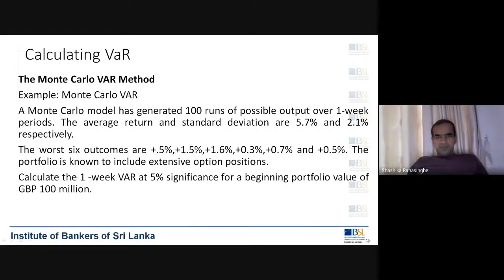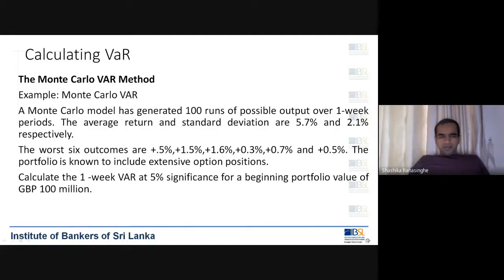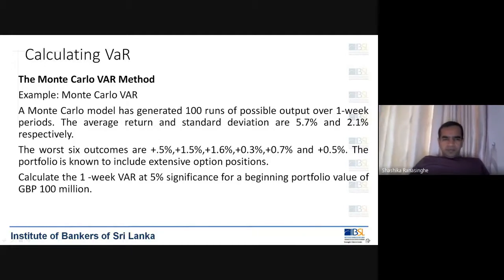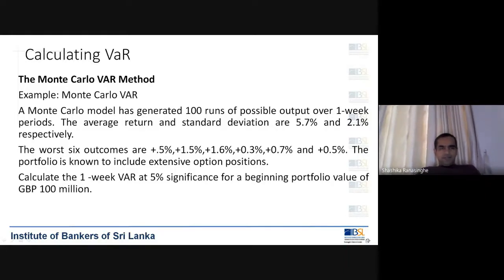0.3. Right. So that is the worst. Second worst, 0.5. Third worst return, also 0.5. Fourth, 0.7.